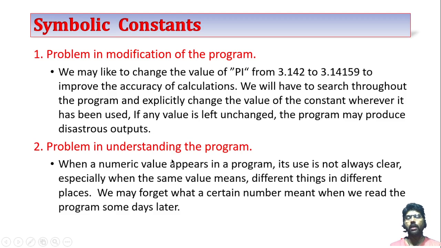For example, if I write 50 as a number, it may be the student marks, the student average, or the minimum marks of passing. It may represent anything. So whenever you use a literal value, it is very difficult for the programmer to understand it.